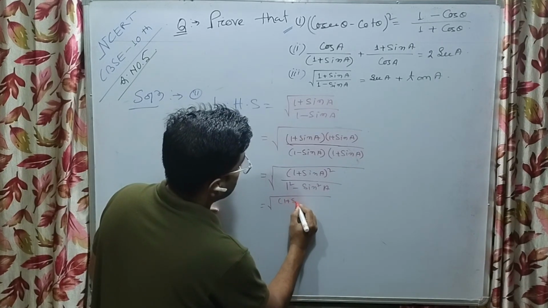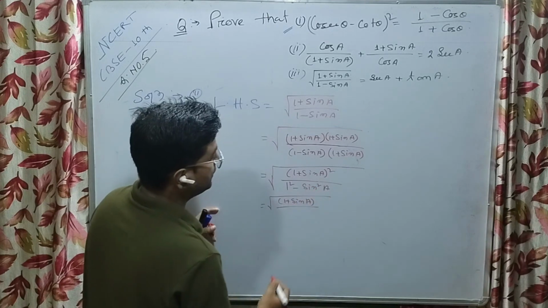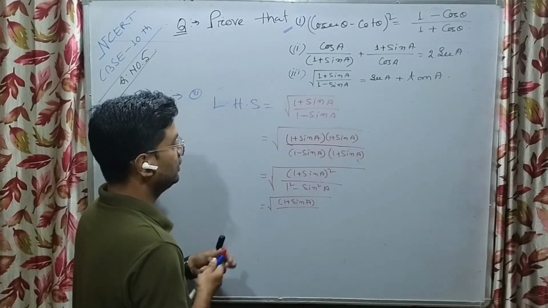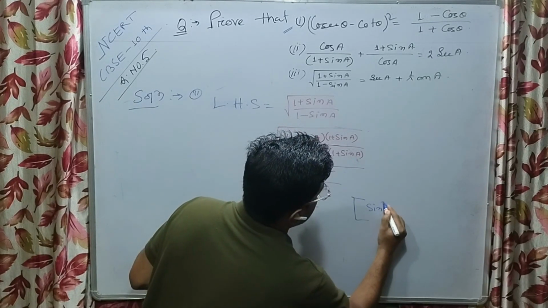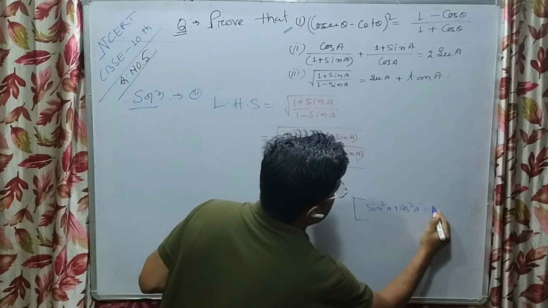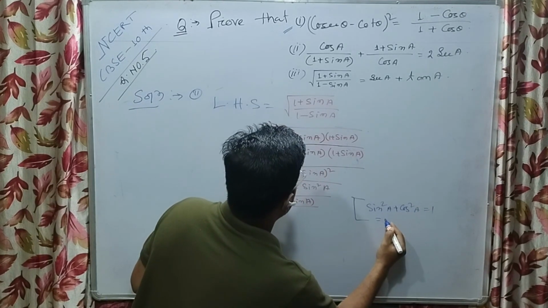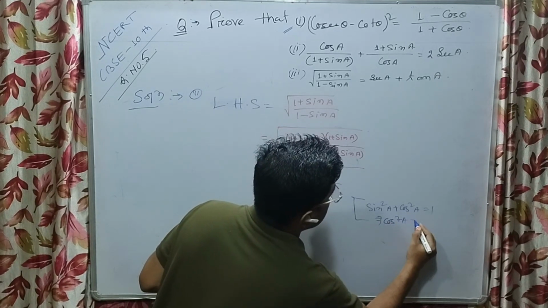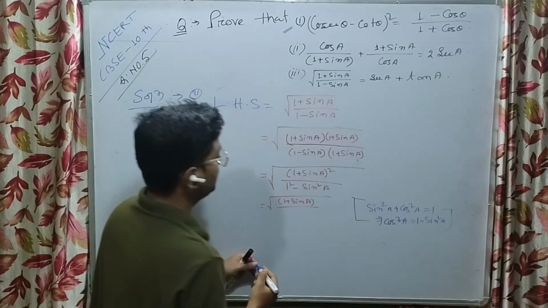(1 plus sin A) whole square by 1 minus sin square A is equal to, again go to the first trigonometric formula, which is sin square A plus cos square A is equal to 1. From here, cos square A is equal to 1 minus sin square A, right?